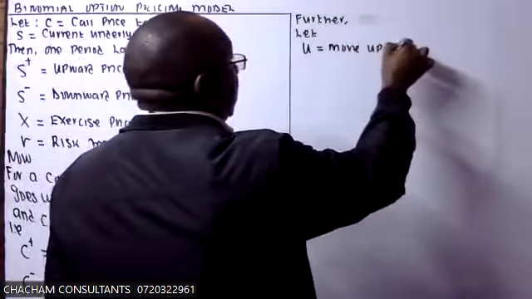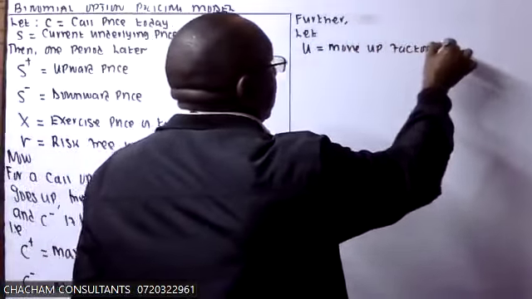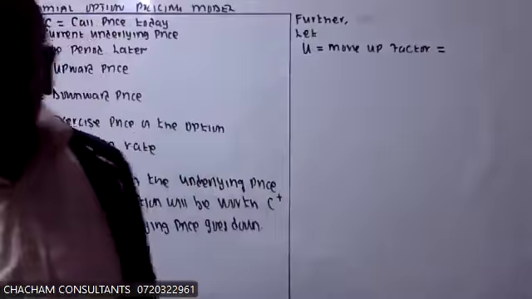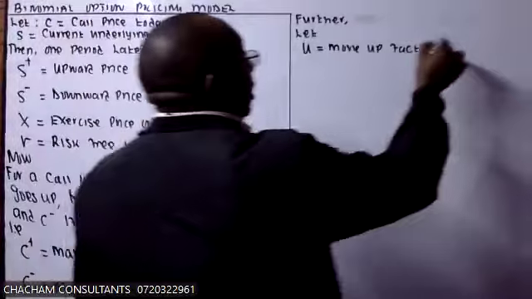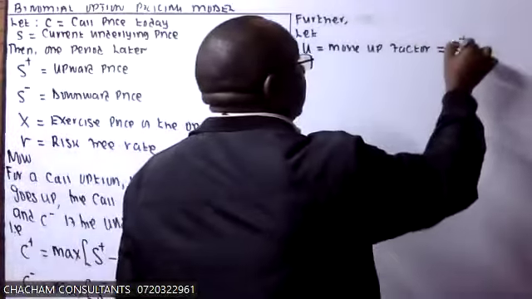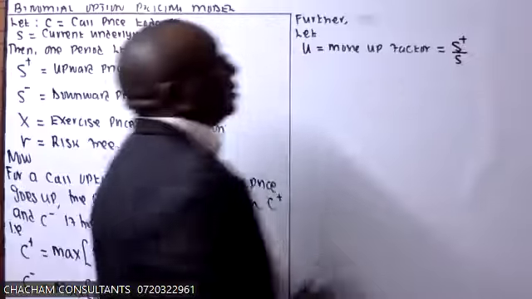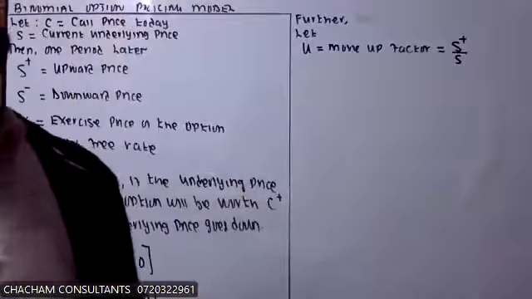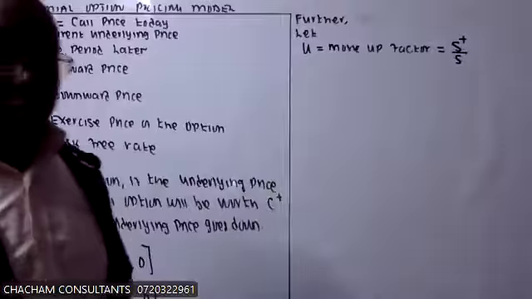The move up factor will be given as S plus divided by S. Some other people will call it probability.